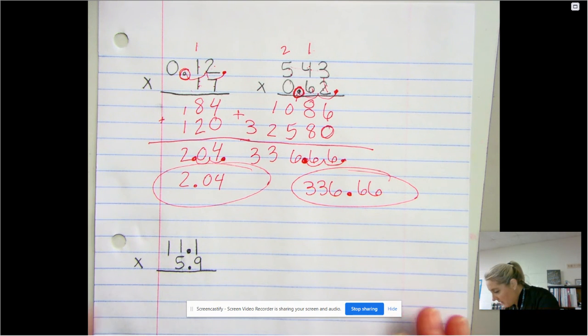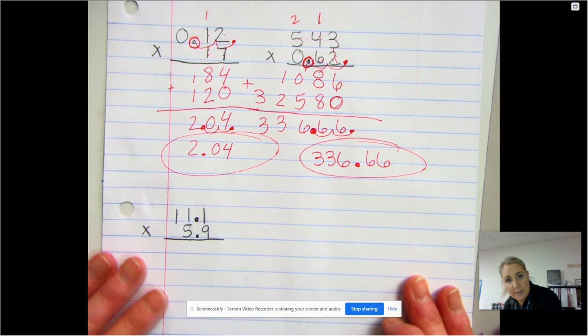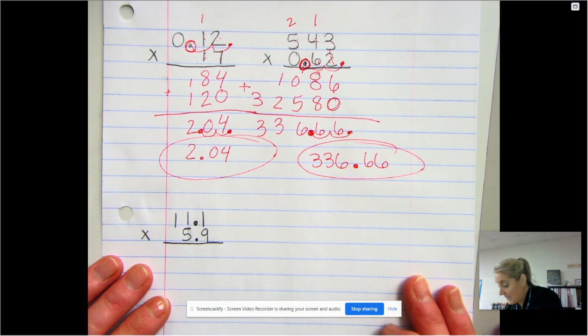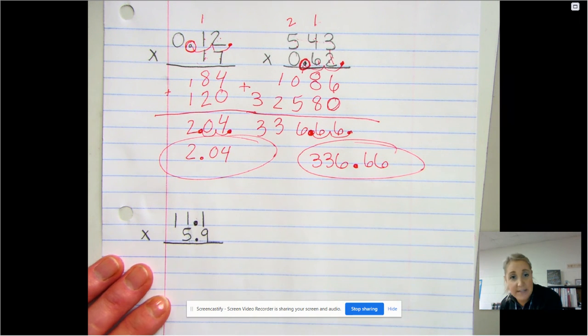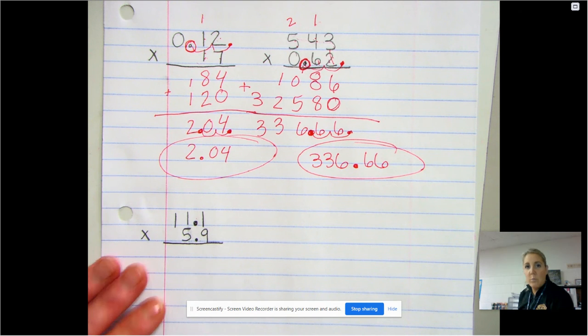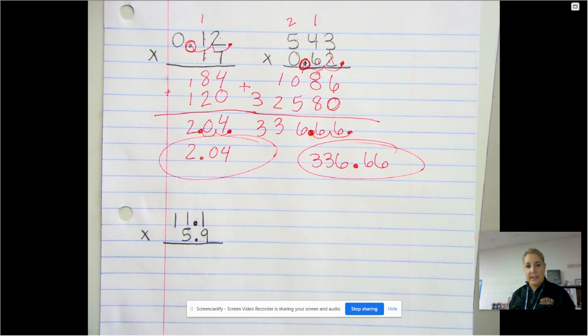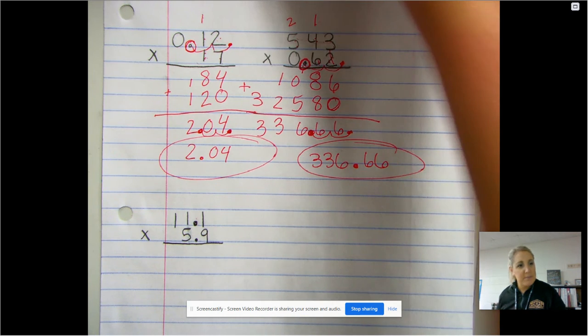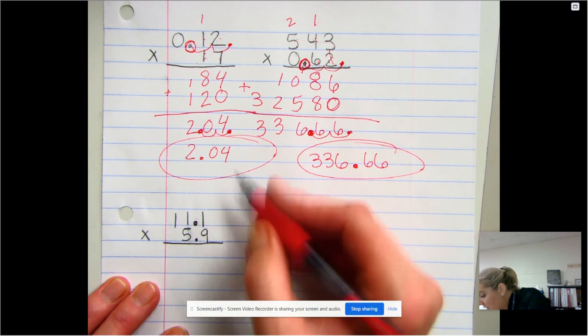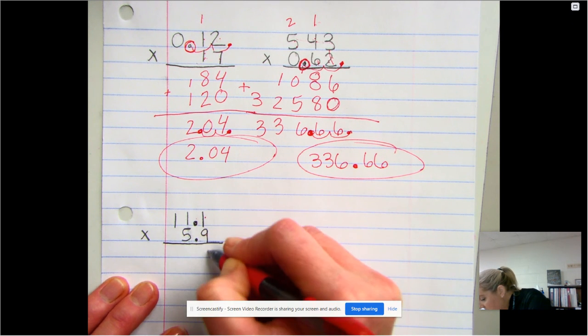Okay, here is a different type of problem because I'm noticing that there are 2 decimals this time. I wonder if you know what you're going to do. Think about that for a second. Okay, I think we're ready. I think I gave you some think time. 9 times 1 is?